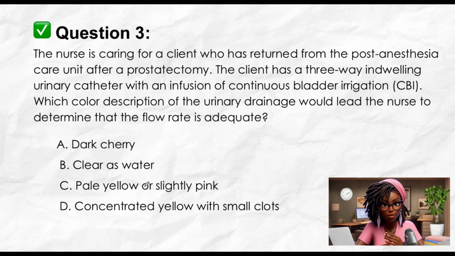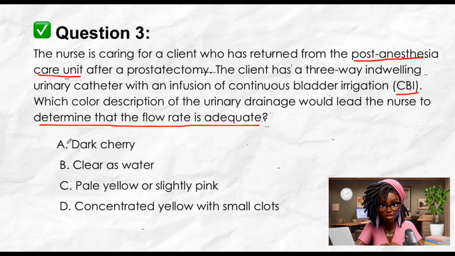So here we do not have a prioritization question, right? We have a clinical judgment question because the patient has just returned post-operatively from the PACU. There is a CBI that's infusing, and we want to determine if the flow rate is adequate.